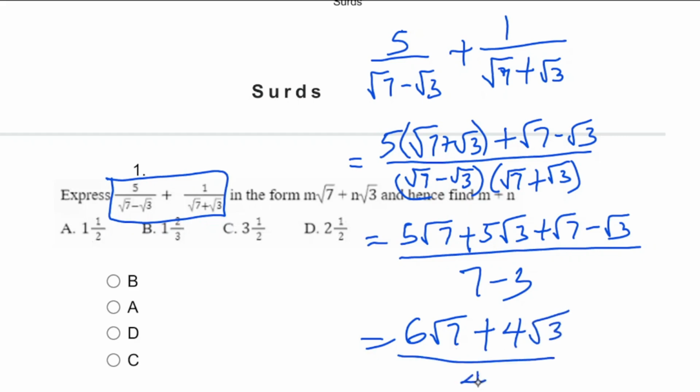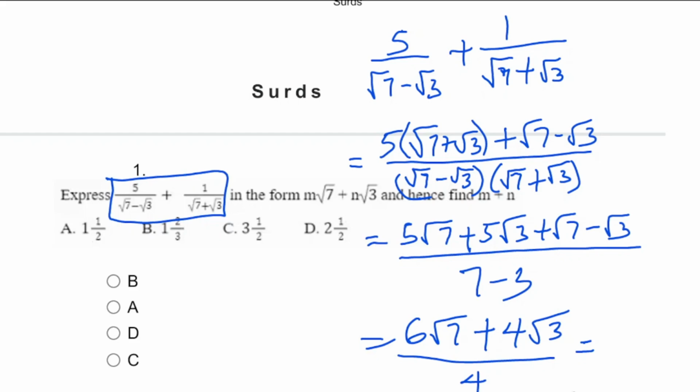Everything divided by 4. So we can then simplify this. What is common to both? We just put 6 root 7 all over 4 plus 4 root 3 all over 4.